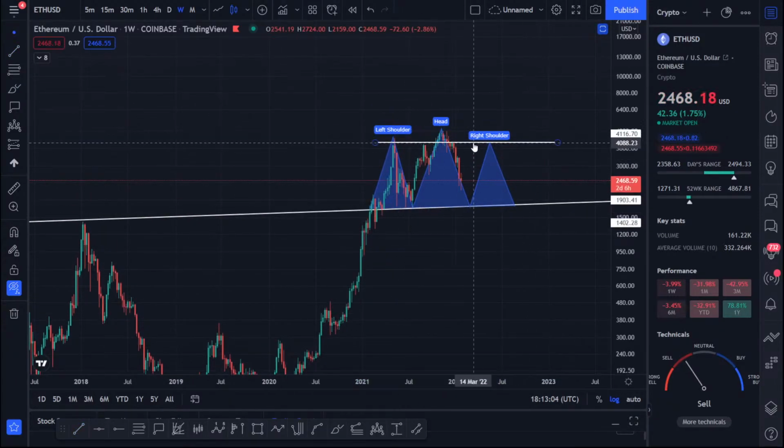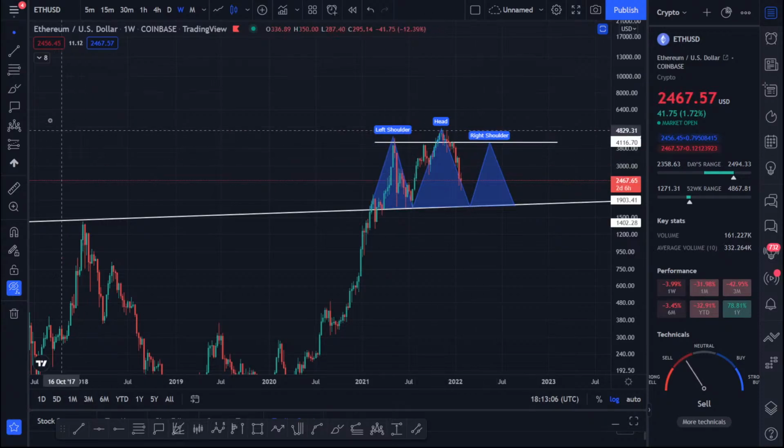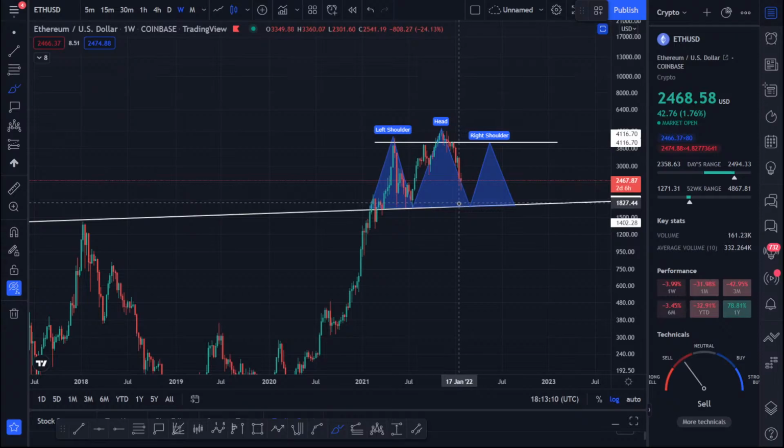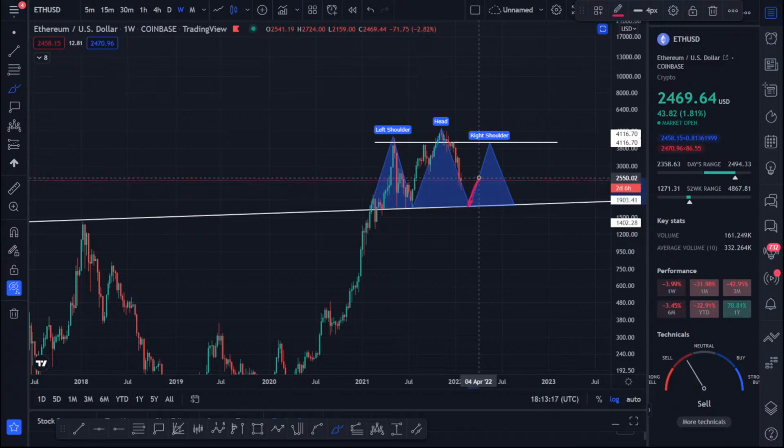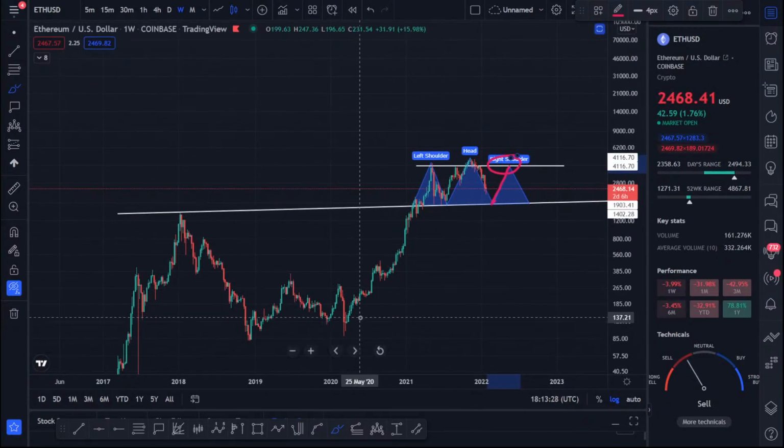So if Ethereum comes down, I'm not saying it will, and holds this level, then we know that Bitcoin has a run to go towards the upside as well. And if Ethereum breaks this resistance, then you are looking at another run up like that.